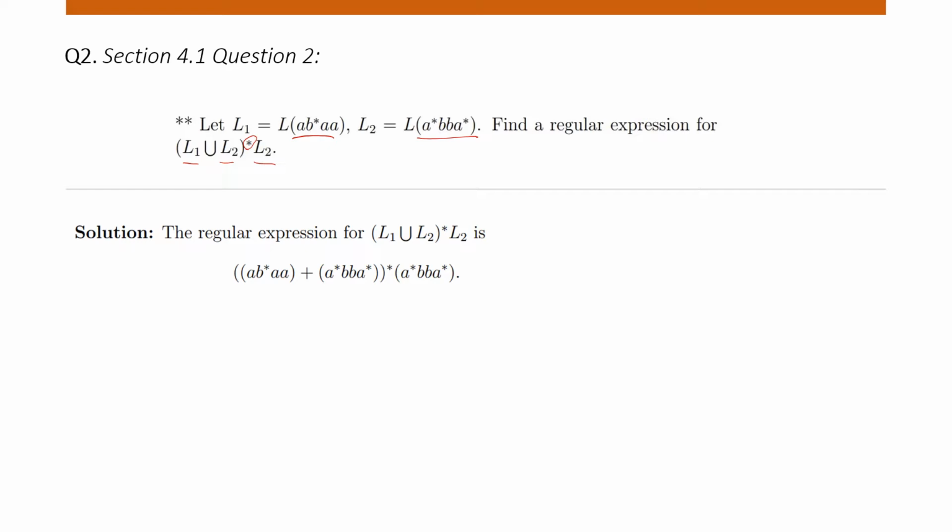So this right here is L1, this is union, this is L2, here's the star closure of L1 and L2, and then we have concatenation with L2. And I believe this one you already had the solution for, so it's pretty straightforward, but there's an explanation.